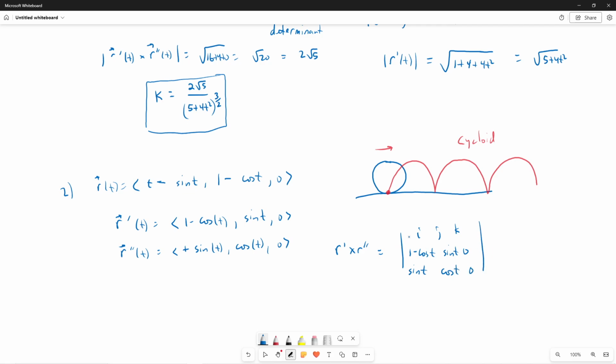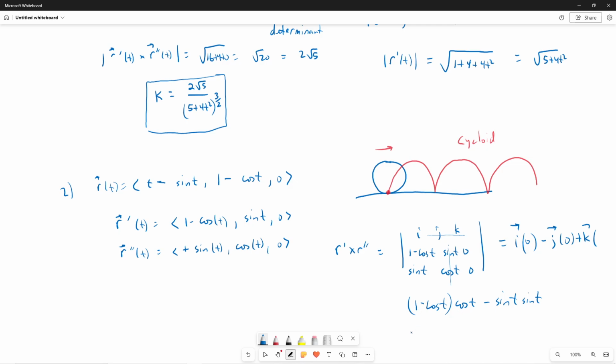0. So the determinant is i times 0, because sine t times 0 minus 0 times cosine t, and then minus j. J, take out these guys and those guys, and you get 0 again, and then plus k times the determinant of this one here, which is 1 minus cosine t times cosine t minus sine t times sine t.